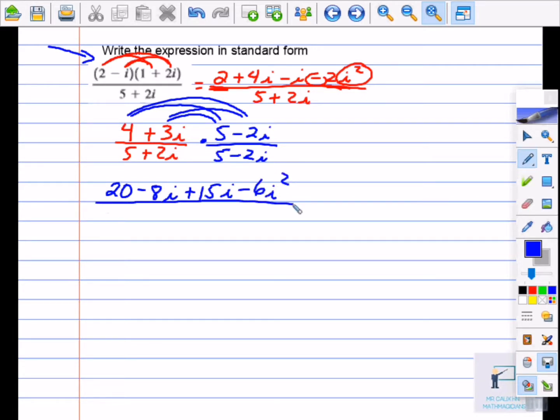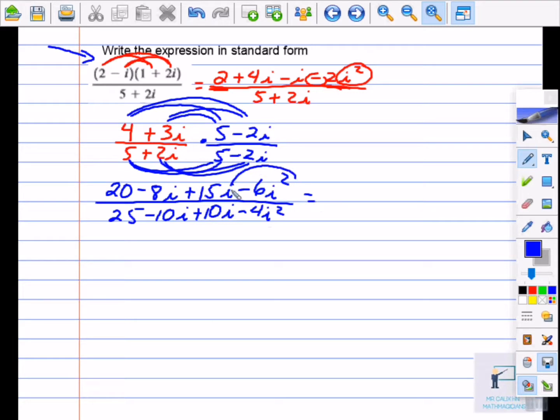Over 5 times 5 would be 25. 5 times negative 2i is negative 10i. 2i times 5 would be positive 10i. And 2i times negative 2i would be negative 4i squared. Remember that i squared is negative 1.